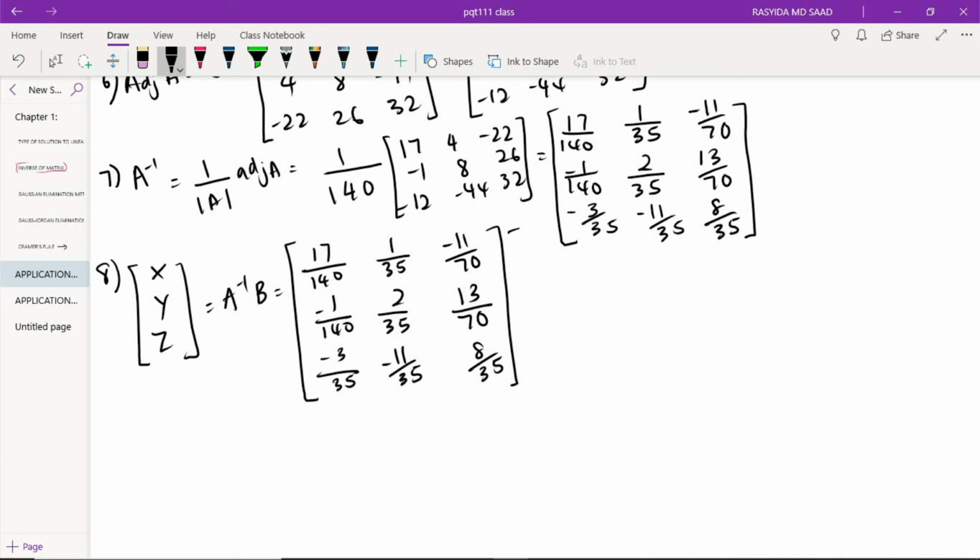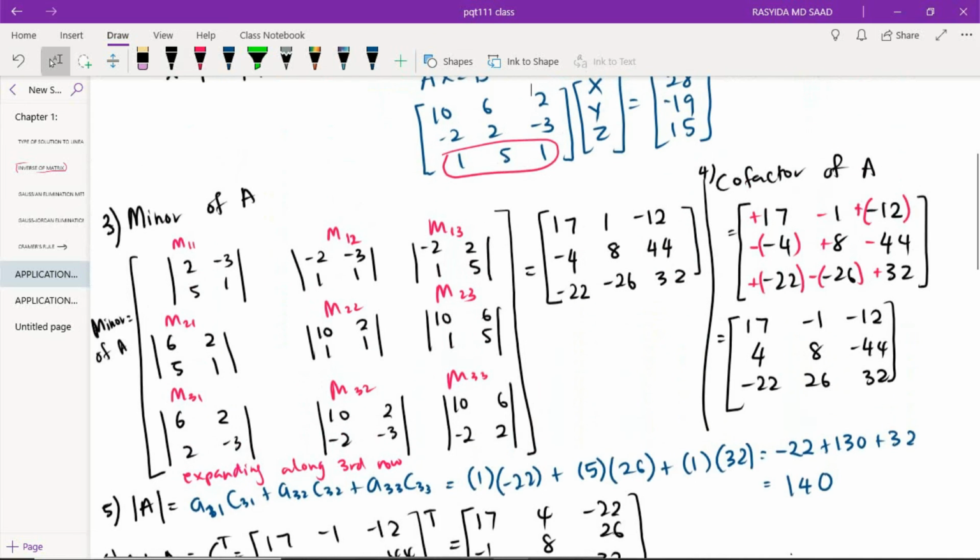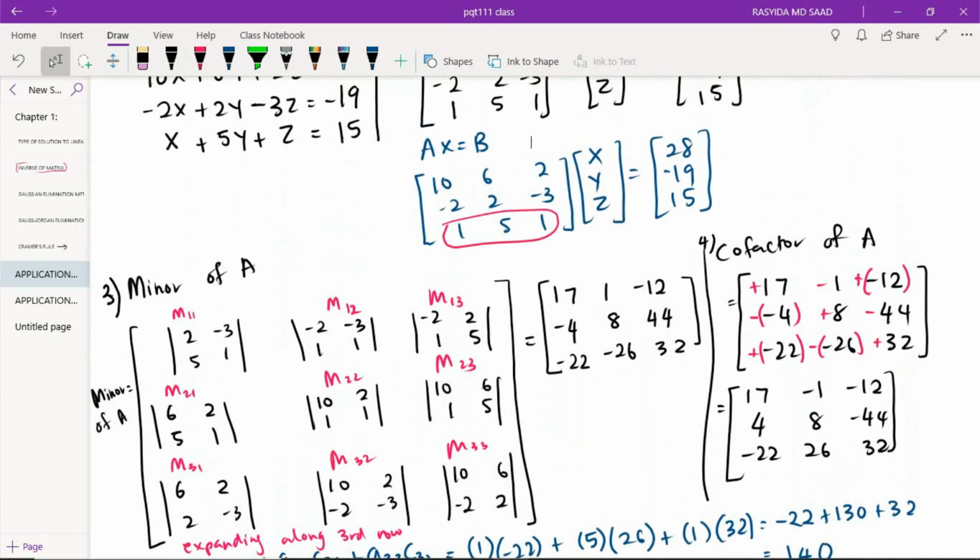And then multiply with matrix B, which is 28, negative 90, and 50.